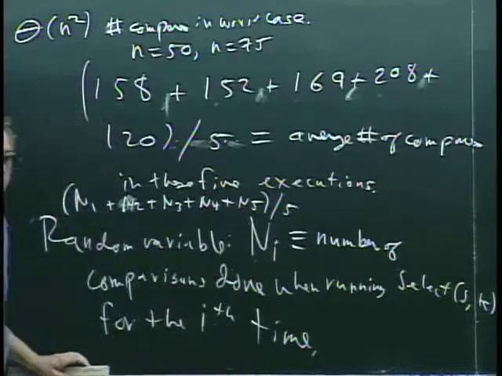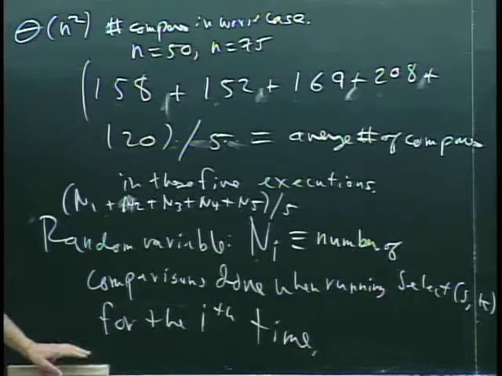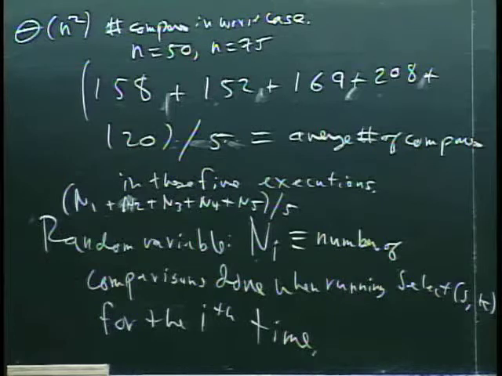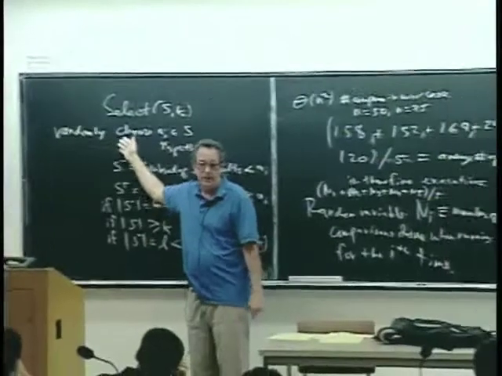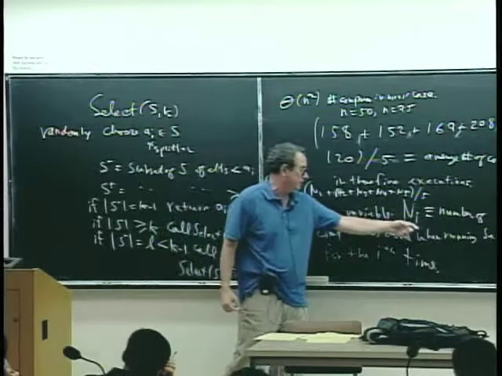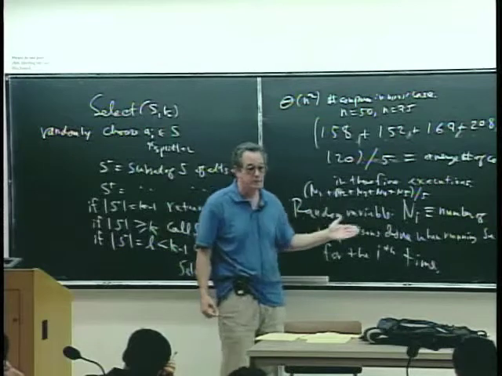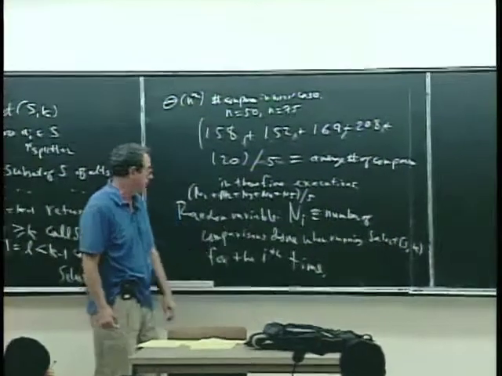Ni is what's called a random variable because it's a variable that takes on a value, where its value comes from something that has a random component in it. Some source of randomness is in there in assigning its value. That's my informal definition of a random variable. Since in this algorithm we have this random selection, and ultimately when you run it some number of comparisons are done, Ni is a variable whose value is determined by a process that has a random component in it. So it's a random variable.